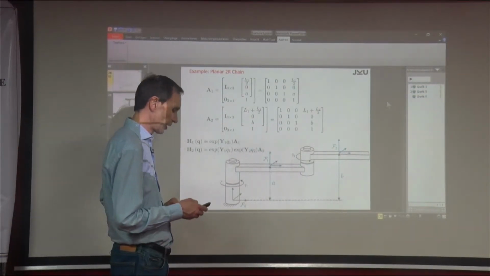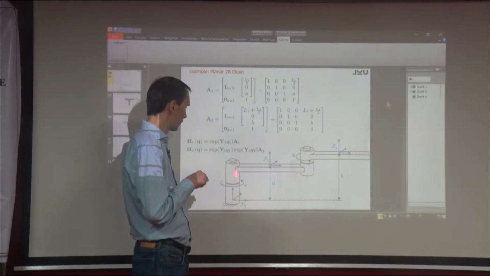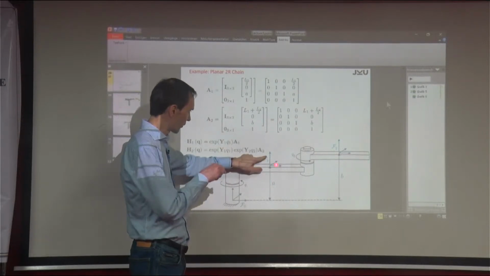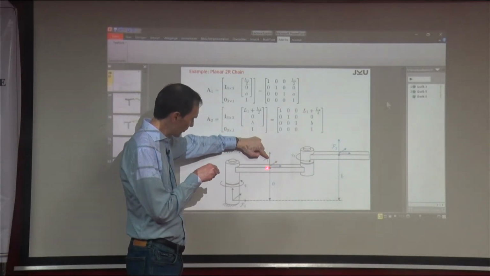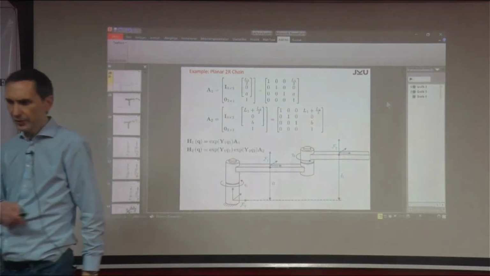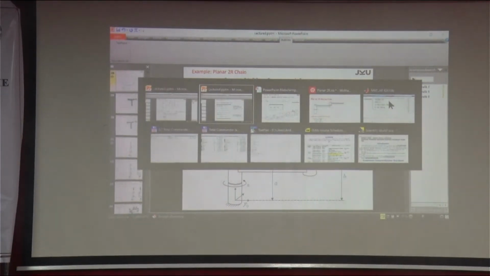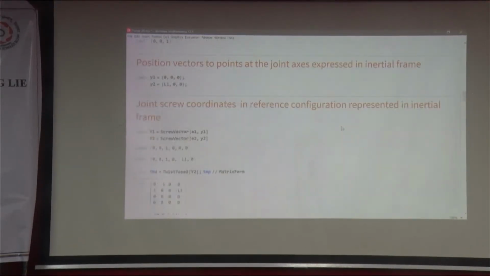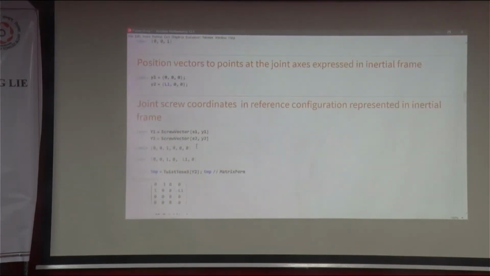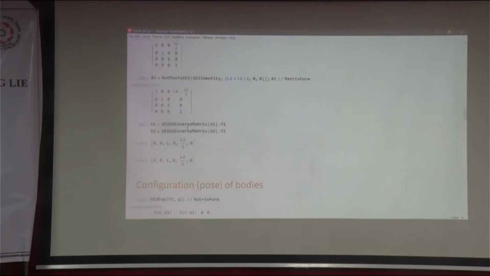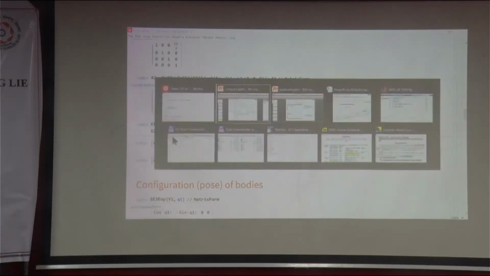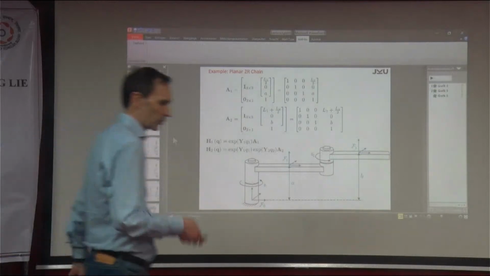So what is it then? We need the unit vector along the joint axis. Again, this is 0, 0, 1, because we are along the z-axis. Then we have to measure from here to here and take the cross product.